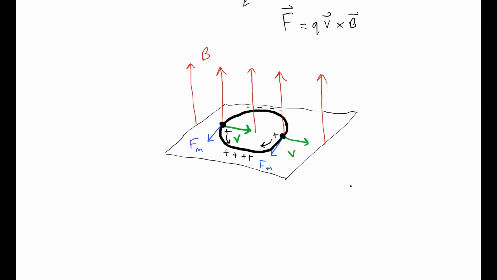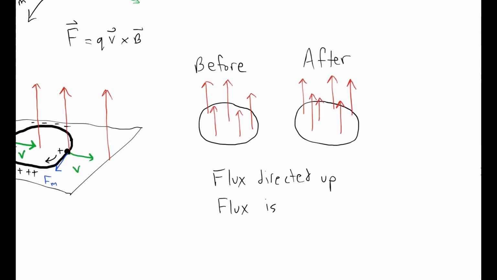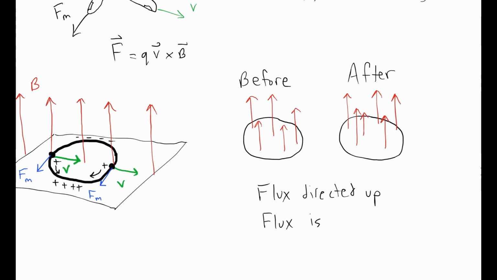Now we can also analyze that according to the flux. So when the loop's in the middle region, before there was flux directed up through the loop, and then when it moves to a new location, there's still the same amount of flux directed upward. So the flux would be called constant here.